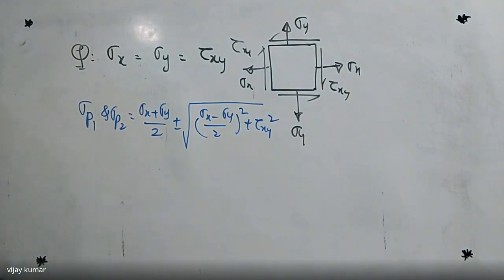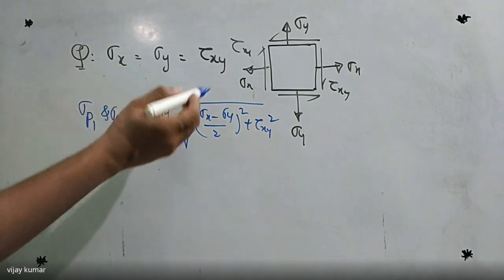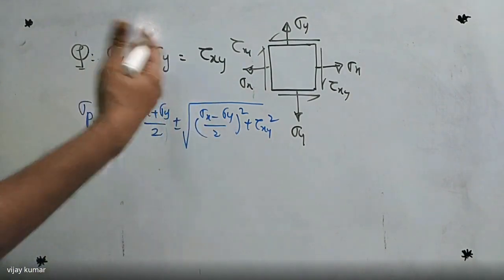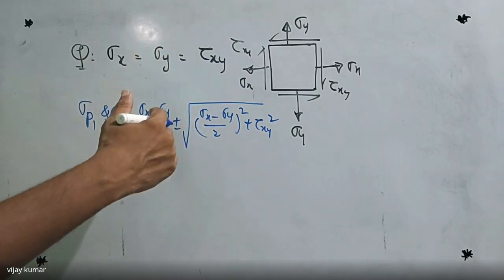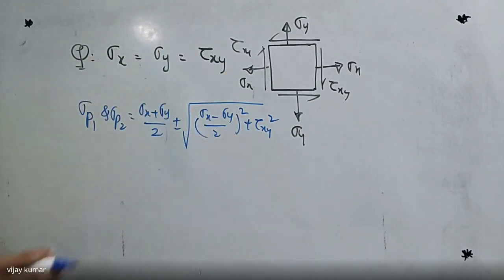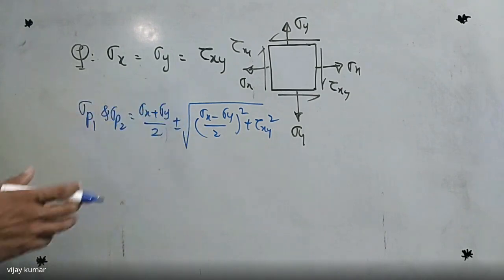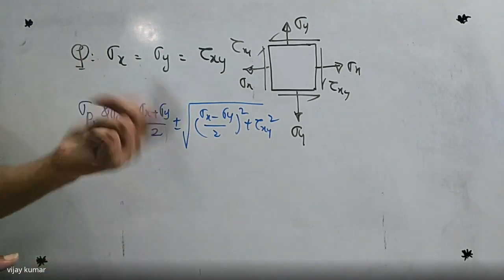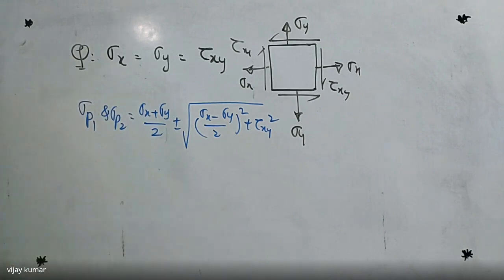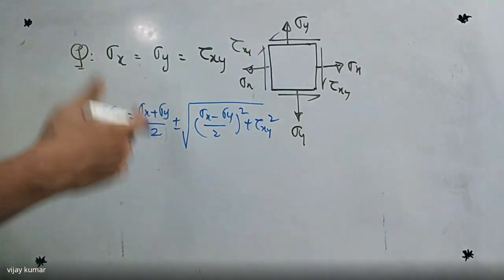So substitute here now. For example, all are same. So I can convert all into sigma x or all into sigma y, all into tau xy as you wish. But we have to give this solution depending on the options, whether it is given in sigma x or sigma y or tau xy. So here I'm going to convert all values in terms of sigma x.